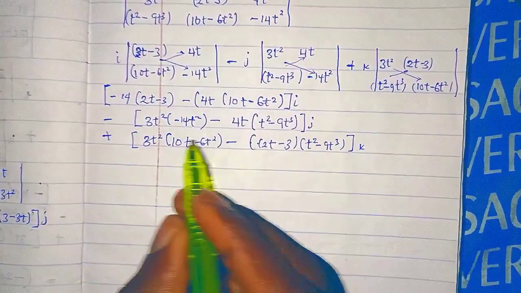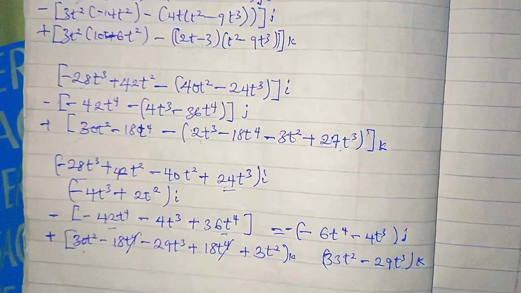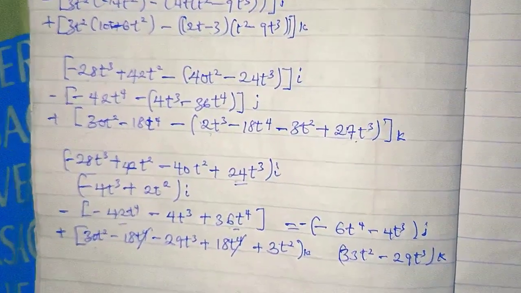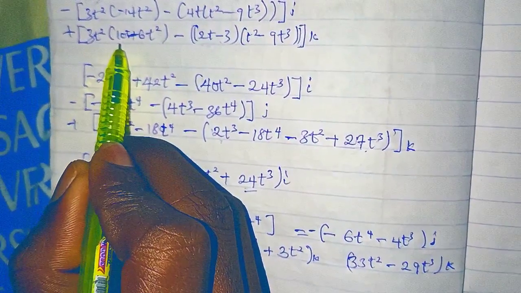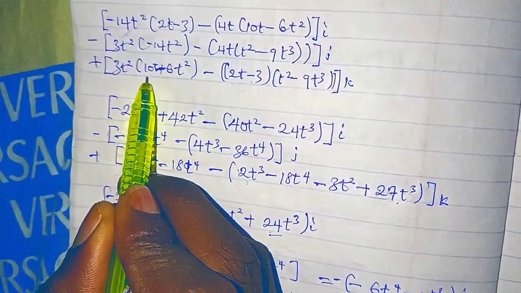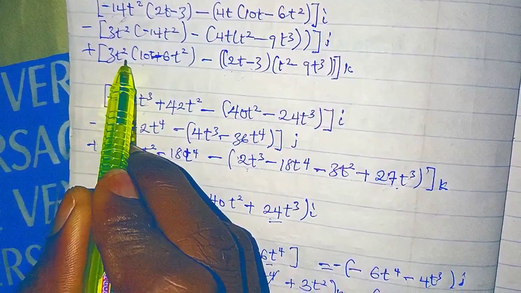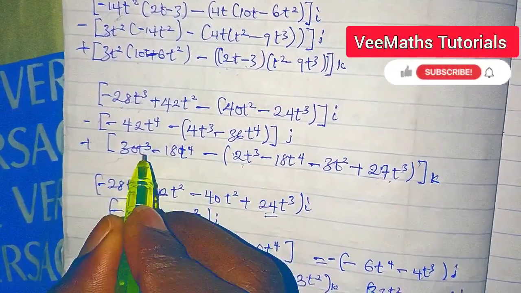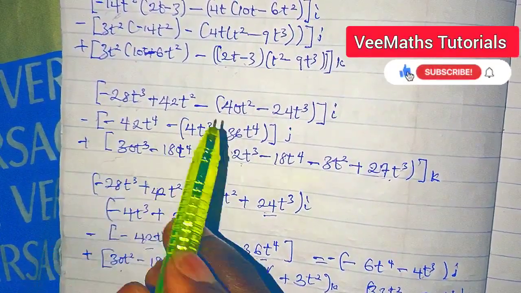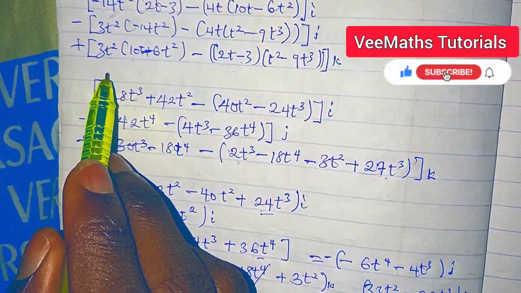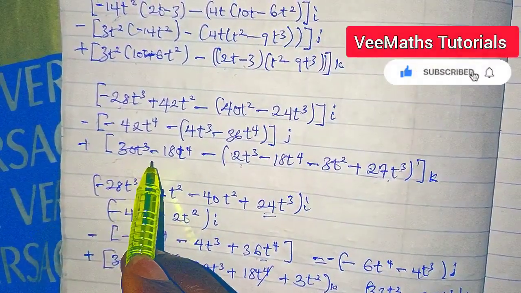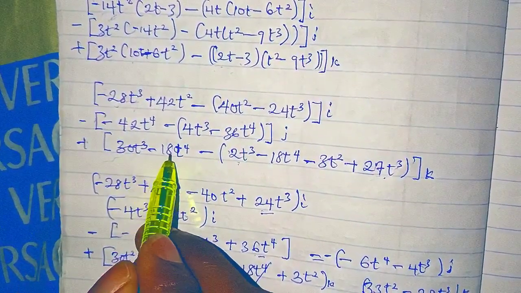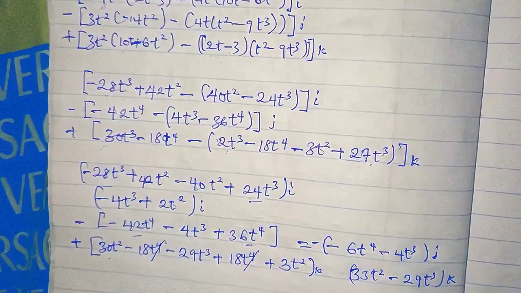Alright, let's proceed to start simplifying from I. Alright, sorry, we observe an error here. This is supposed to be 10t. So 3t squared into 10t is supposed to give you 30t cubed, not 30t squared. Alright, so this is 18t to the fourth, right?